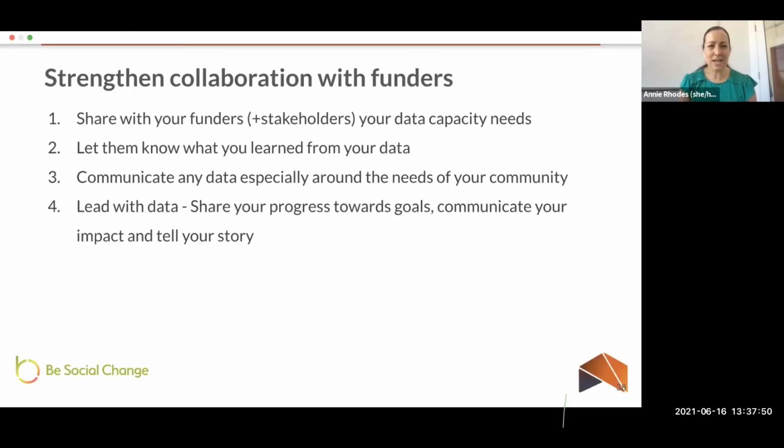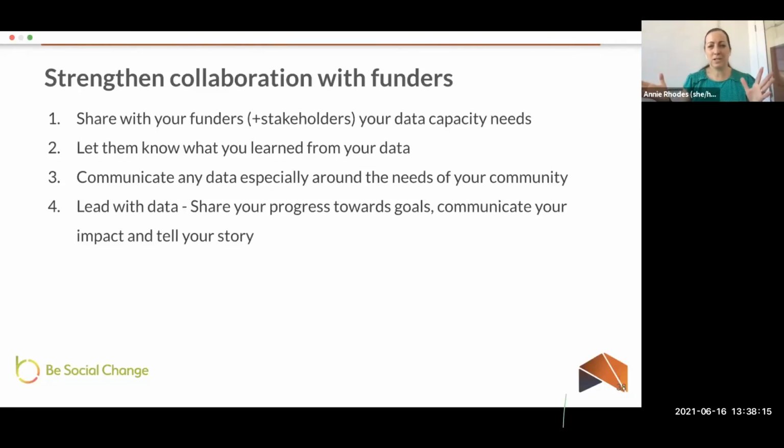And then I think almost finally, the strengthening and collaboration with the funders. So all of this work that you've done to understand your data, understand where your data lives, bring your data together, connect your team around your data, connect your community around your data. This matters to your funders.